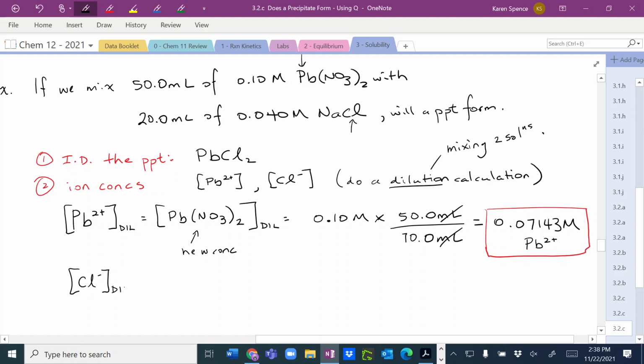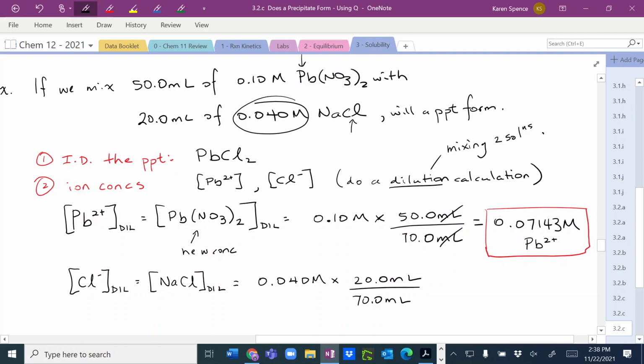So chloride is equal to sodium chloride diluted, which is old concentration, 0.040 molar, times old volume, 20 milliliters, over new volume, 70 milliliters. 0.04 times 20 divided by 70 is 0.01143 molar, and that is chloride.